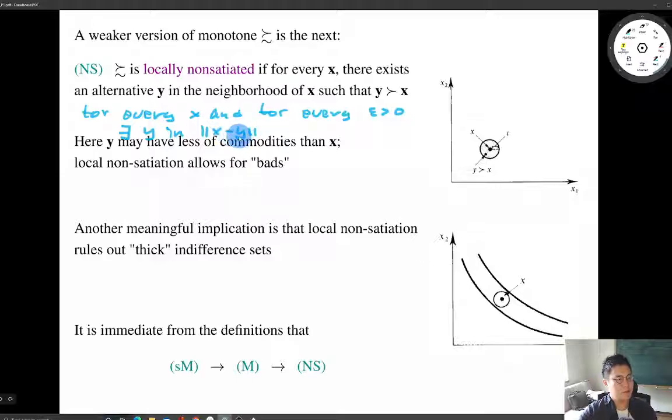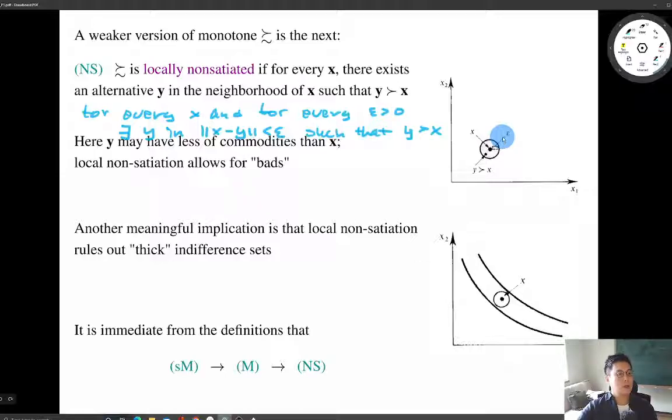Should I explain this? That is a Euclidean norm. In two-dimensional space, this Euclidean norm indicates this open ball, smaller than epsilon. So it indicates an open ball with a radius of epsilon, and such that y is strictly better than x.